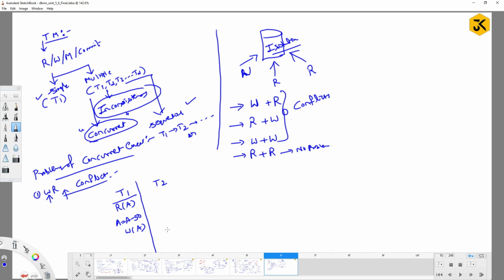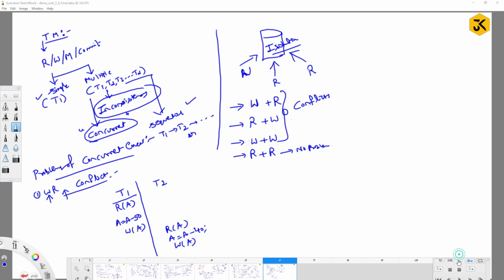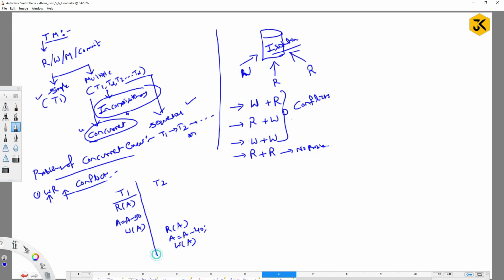Then after some time T2 performs read of a, does an operation a = a - 40, and then performs write of a. At the end, he performs the commit operation.